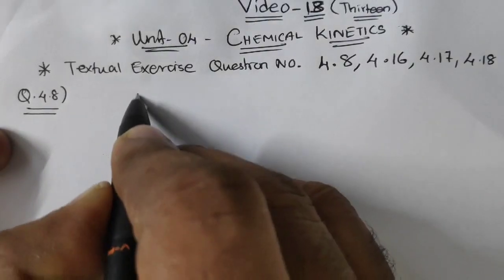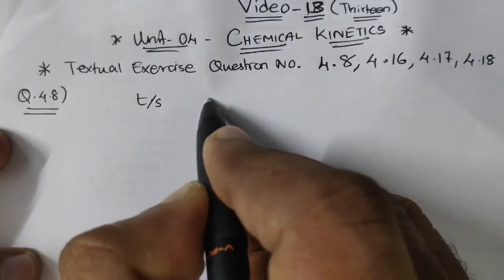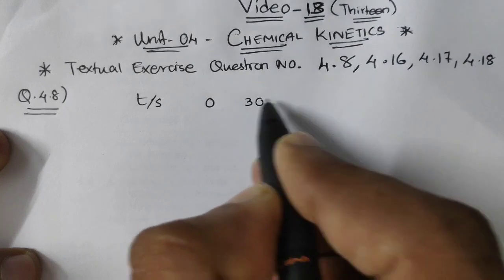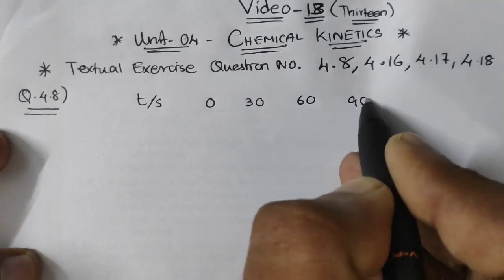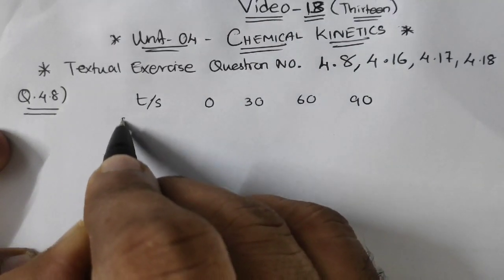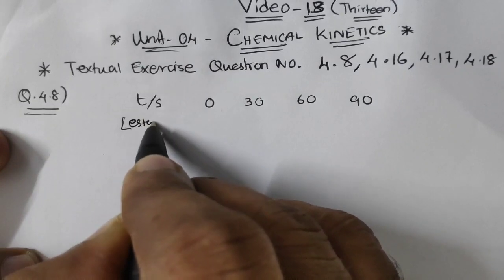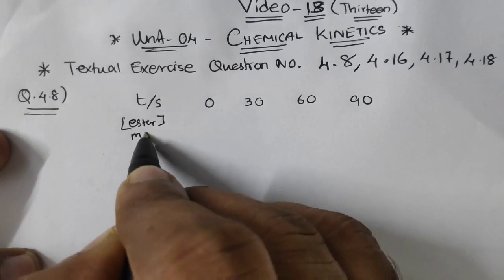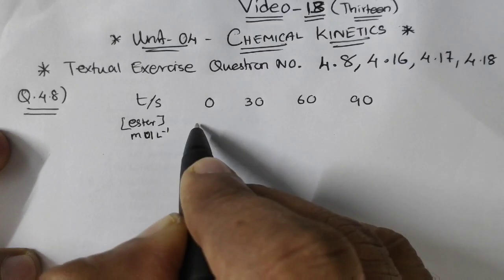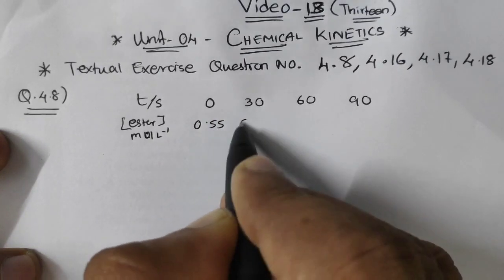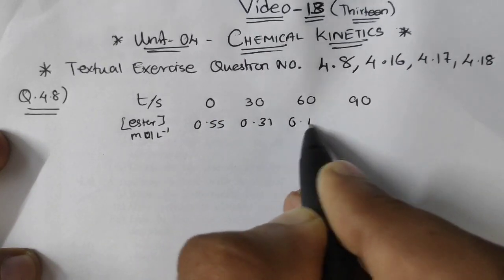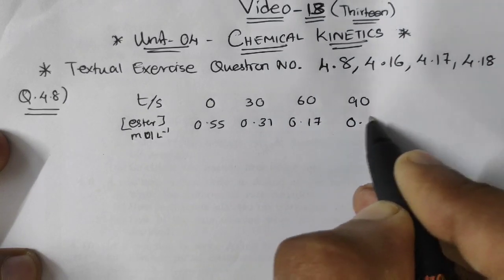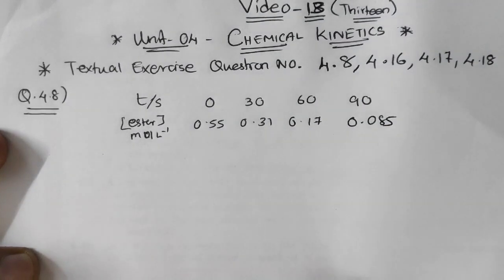Now if you see the question, time is given in seconds: 0 second, 30 second, 60 second and 90 second. Clear? The concentration of ester in mole liter inverse is 0.55, 0.31, 0.17 and 0.085. It is given like this.